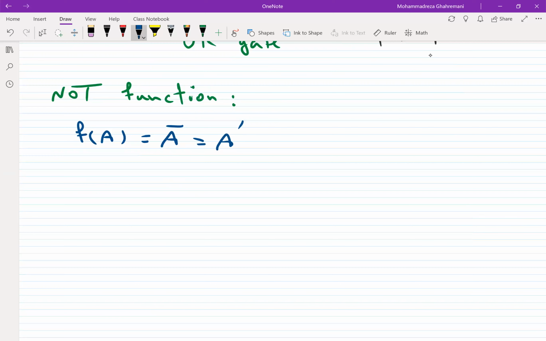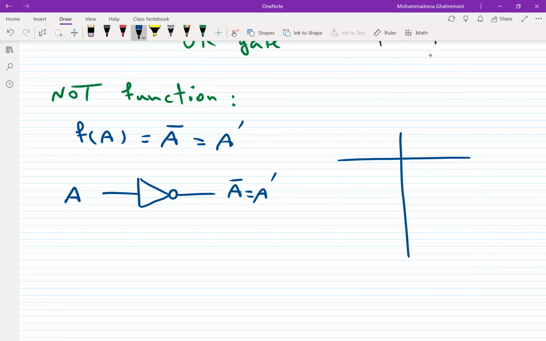And the symbol for the NOT gate is a triangle with a small circle at the output, and it has one input and one output. If the input is A, the output is A bar or A prime.